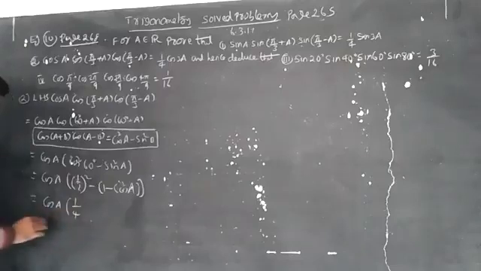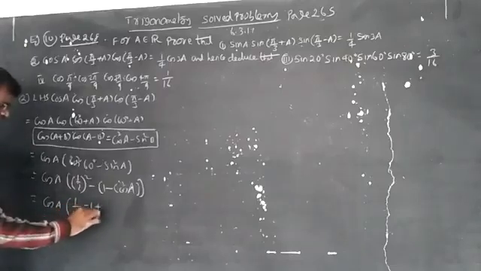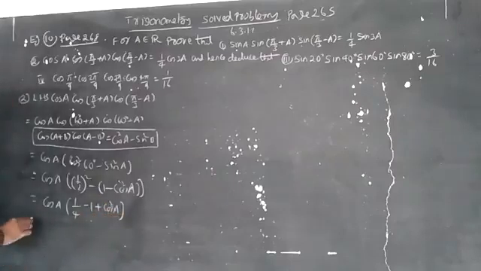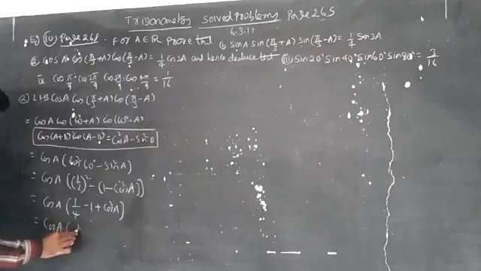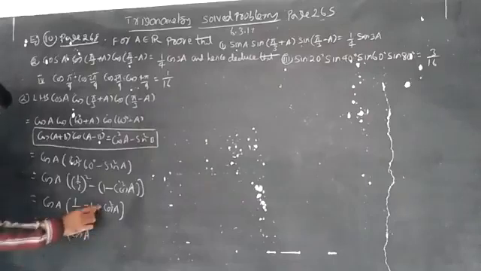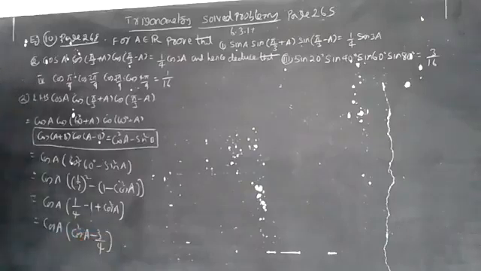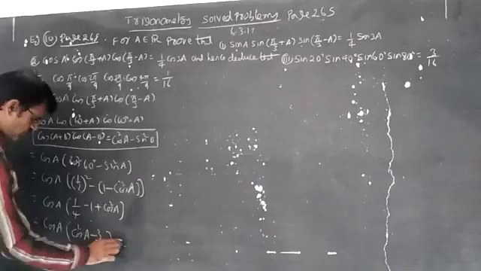So this is cos A into (1/4 − 1, minus of minus becomes plus cos²A). That is equal to cos A into, first of all I am writing cos²A plus the value, 1/4 − 1 becomes −3/4.